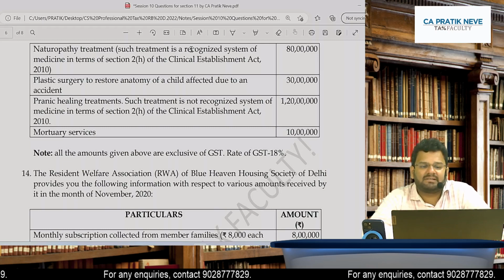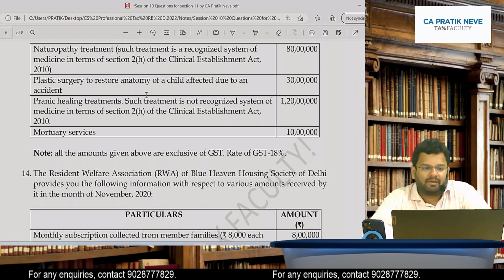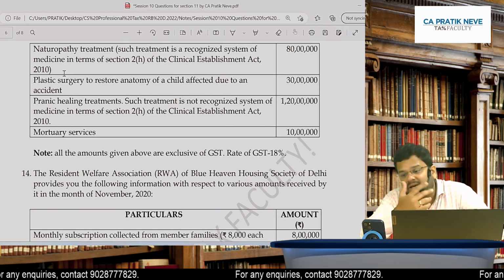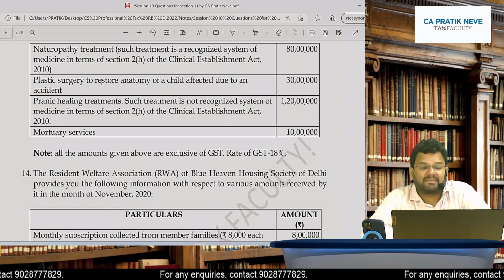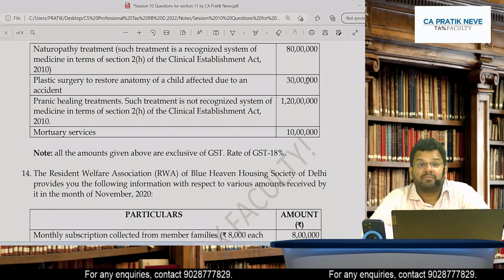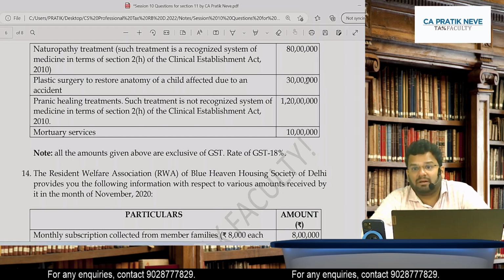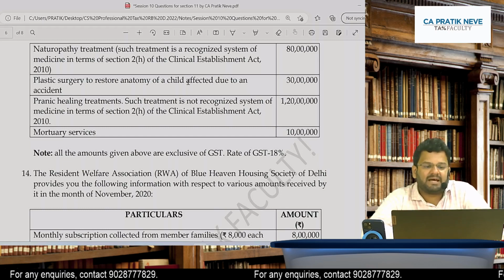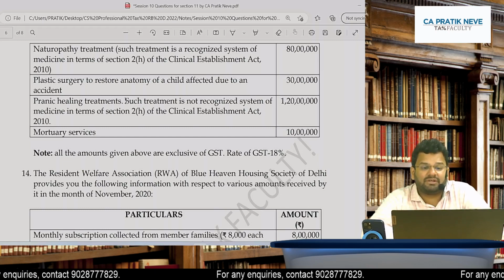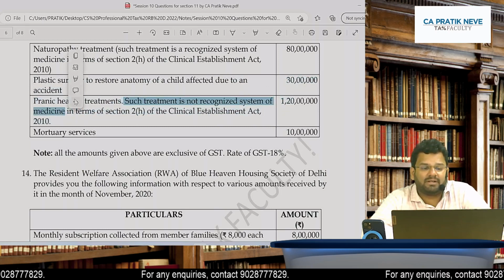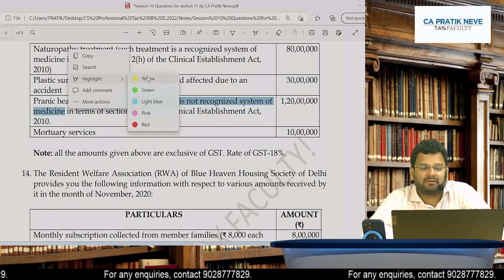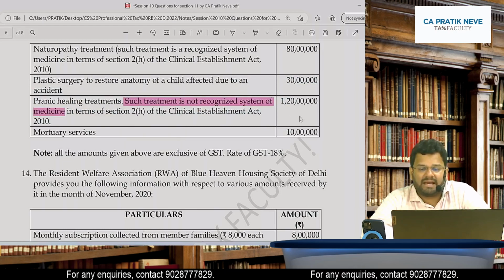It is a recognized system of medicine, so of course this will become exempt, because it will be classified as healthcare service. Agreed? Then plastic surgery to restore anatomy of a child affected due to an accident is exempt. It is plastic surgery, but it is a healthcare service. Pranic healing treatments, such treatment is not a recognized system of medicine. When it is not a recognized system of medicine, you debar it from exemption, so please tax it.